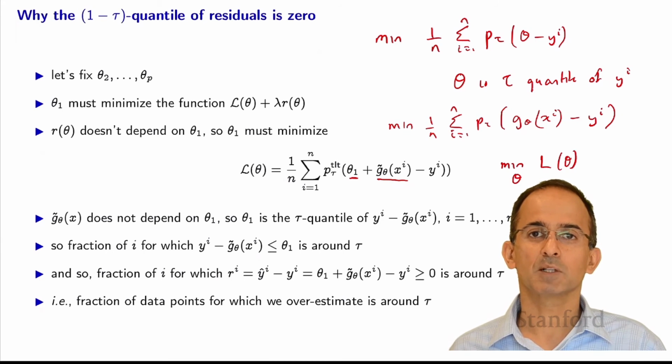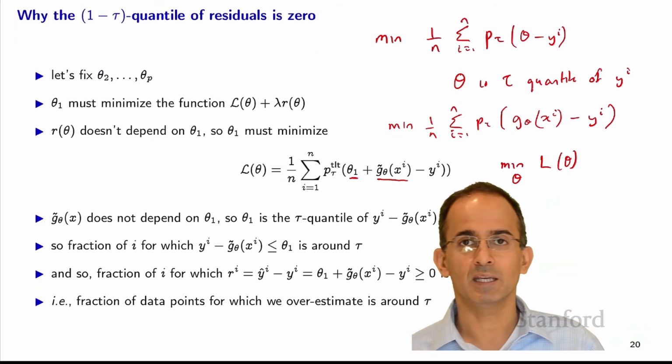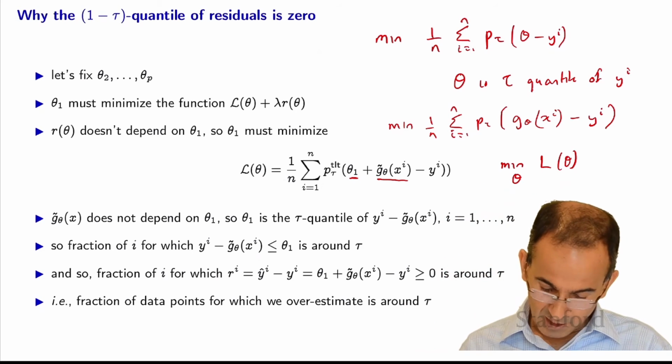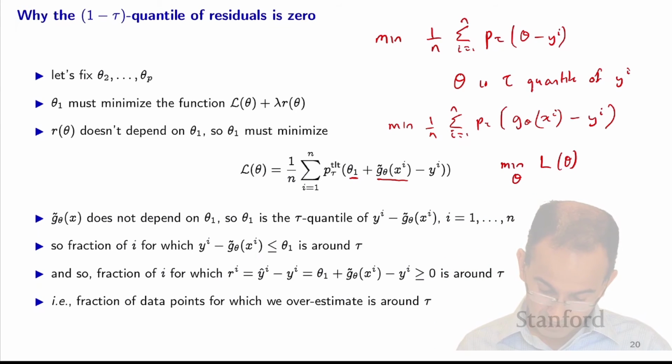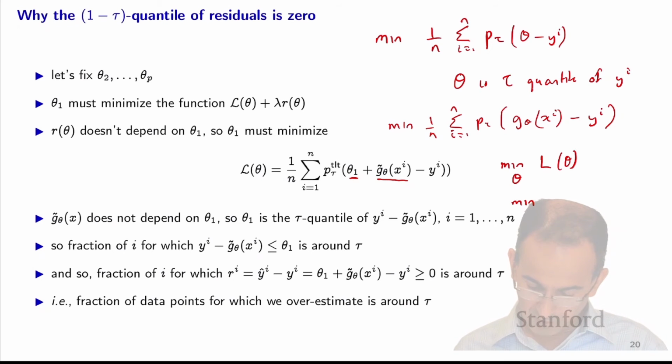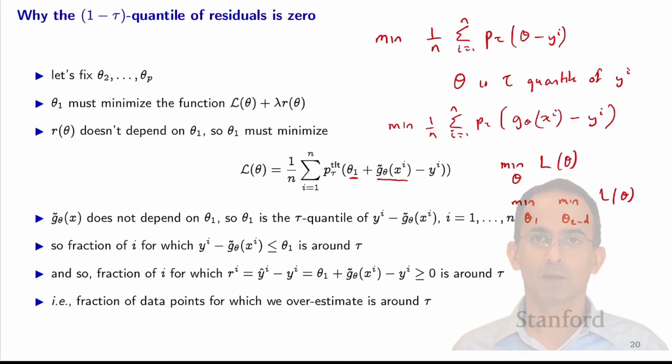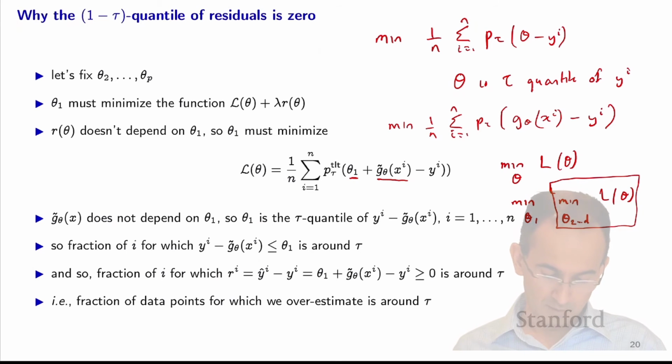Now theta has multiple components, theta 1 through theta d, and we can regard this minimization as equivalent to minimum over theta 1, minimum over the rest of theta, L of theta. And once we've done this part of the minimization, what's left is a minimization that looks exactly like the one we had before.